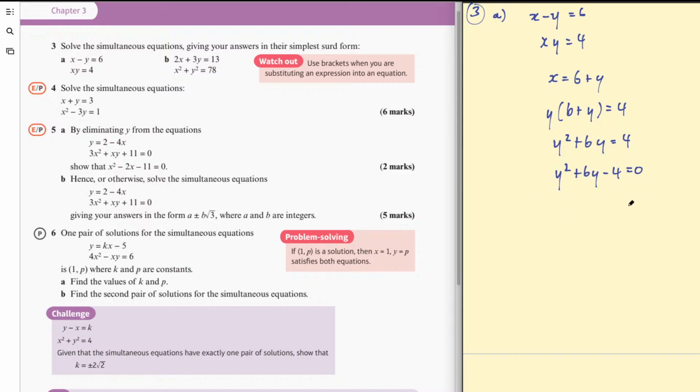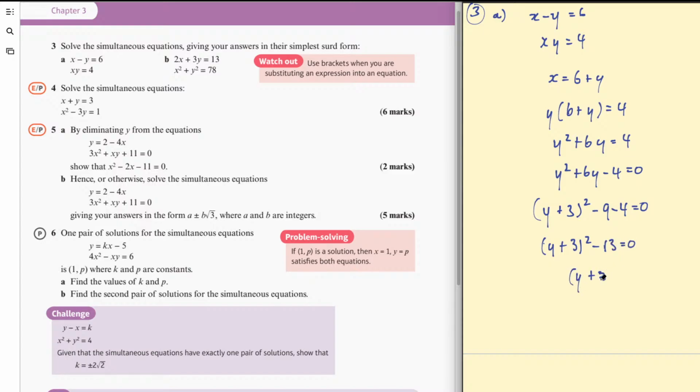I might solve it using completing the square, mainly because the coefficient of y squared is 1, so it makes it quite easy to do it that way. So this is y plus 3 all squared take 9 take 4 equals 0.